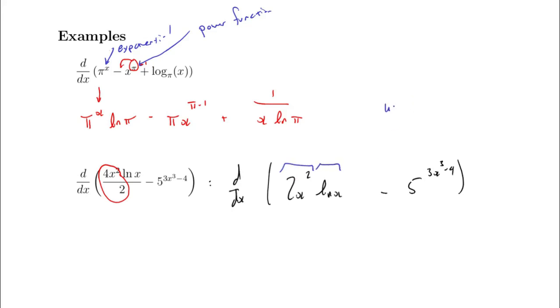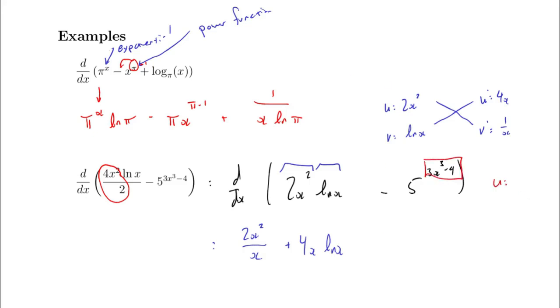I'll say u is equal to 2x squared, and v is equal to the natural log of x. u prime then is 4x, and v prime is 1 over x. So our derivative here looks like 2x squared over x, that's my 2x squared times 1 over x, plus 4x natural log x.